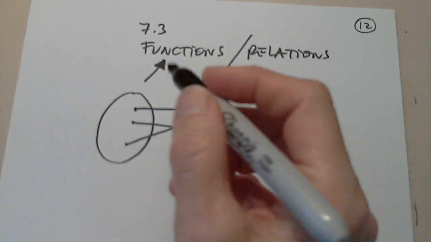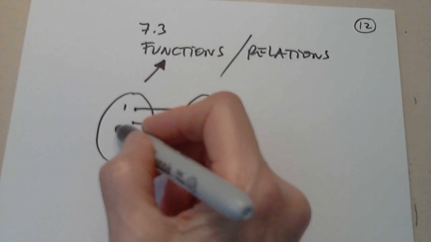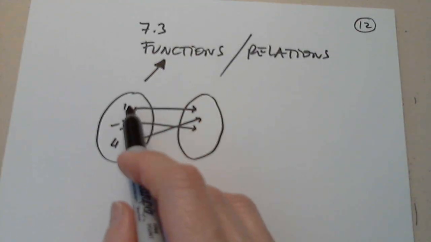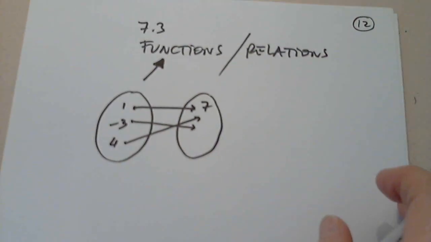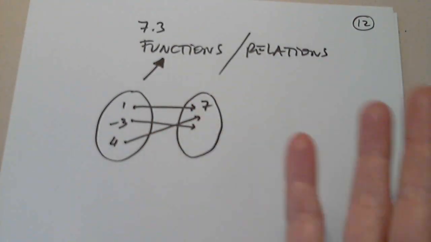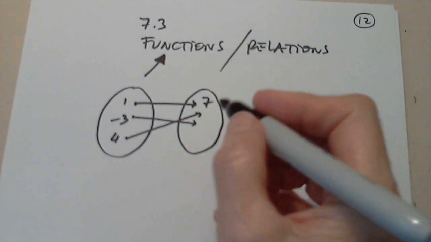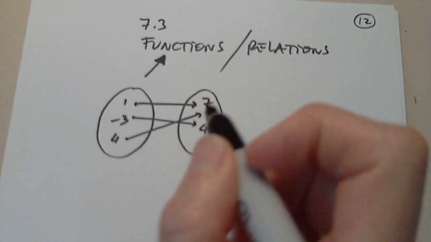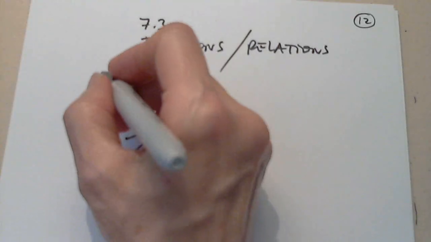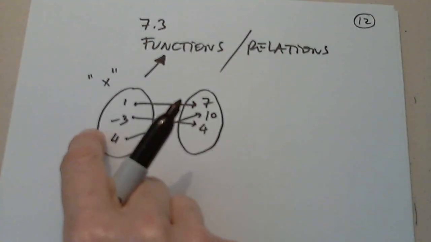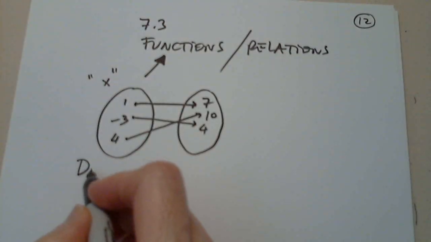I'm going to write the definition. So let's say I have 1, -3, and 4. 1 corresponds, let's say, to 7. -3, I'm just putting some numbers in there to explain. 4 and 10. So these are the so-called values of x, also called domain.